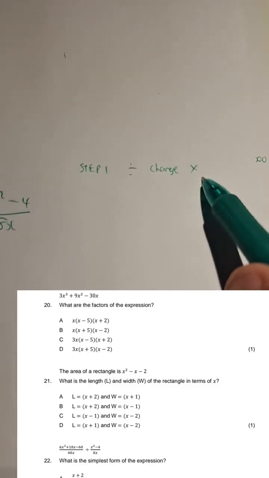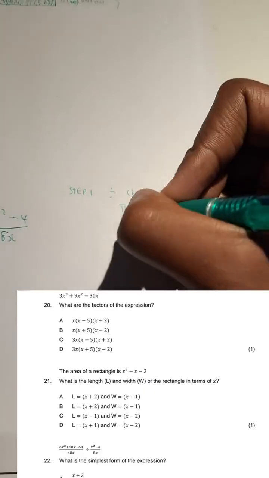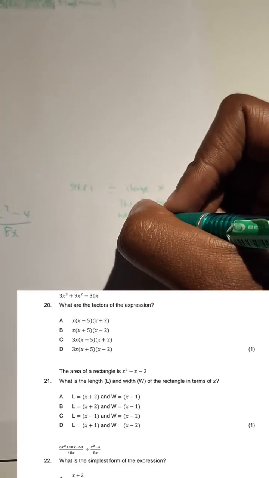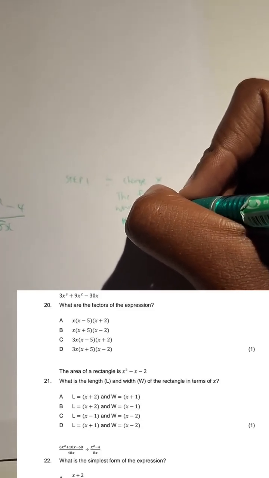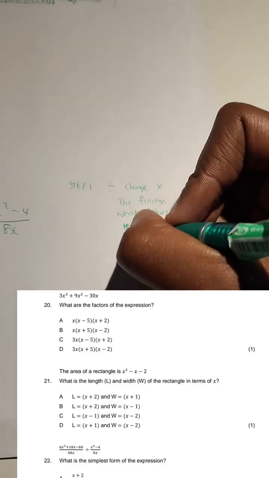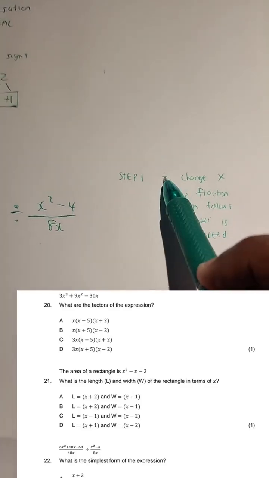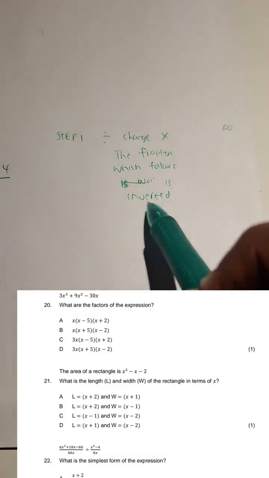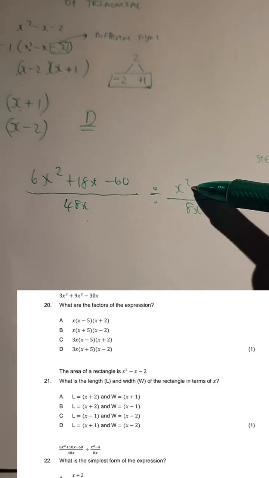So division always changes to multiply, and the fraction which follows is inverted. By inverted, guys, it means that the numerator becomes the denominator and the denominator becomes the numerator.